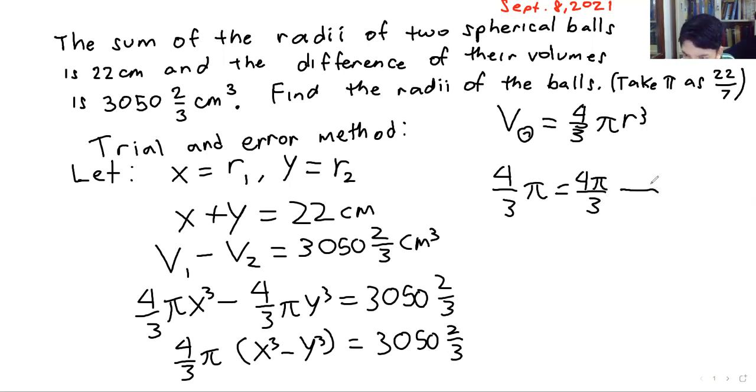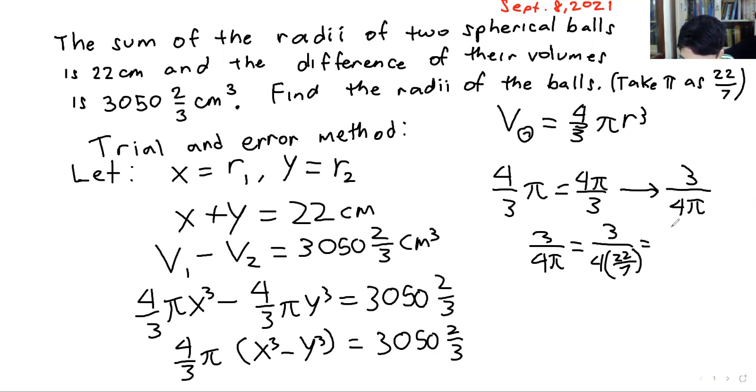So the reciprocal of that is 3 over 4 pi. Since we take pi as 22/7, 3 over 4 pi is 3 over 4 times 22/7. That's also 3 over 88/7. So that all equals 21/88.